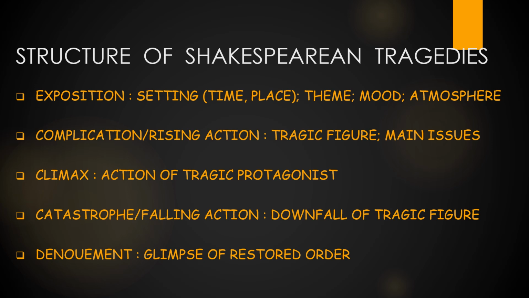And the catastrophe is how the figure falls from that height that it had earlier. And then we have the denouement, which is, as I said, not there in Aristotelian tragedies but there in Shakespeare, that is a glimpse of a restored order. And this is how you will find it in Macbeth also. This is the structure that you will find in the plot of Macbeth.